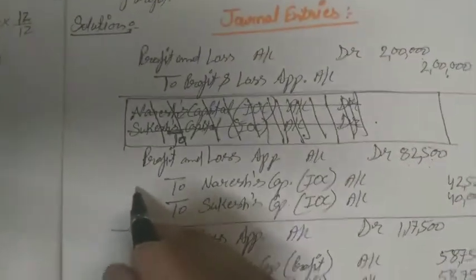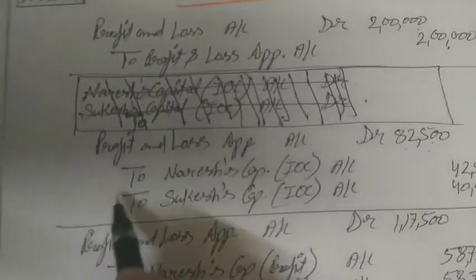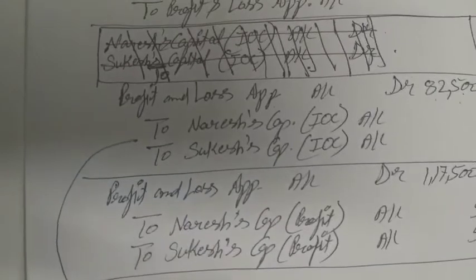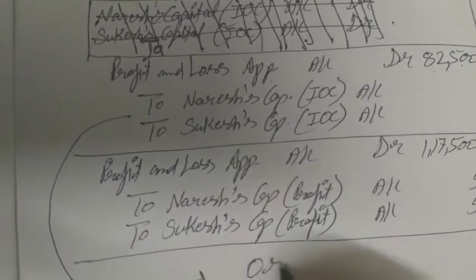And for this entry we have one more option, only for this journal entry. What is that? For this journal entry we have an OR option.